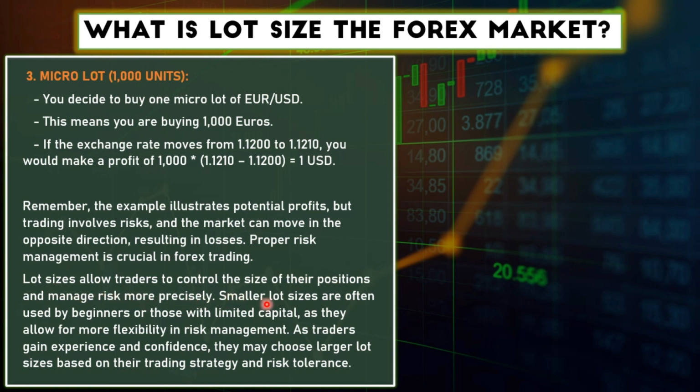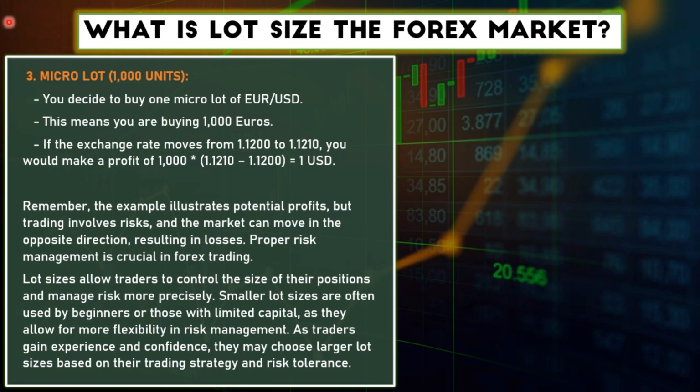Smaller lot sizes are often used by beginners, like what I told you before, or those with limited capital, as they allow more flexibility in risk management. As traders gain experience and confidence, they may choose larger lot sizes based on their own trading strategy and risk tolerance.